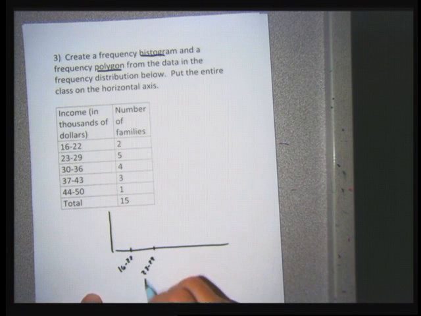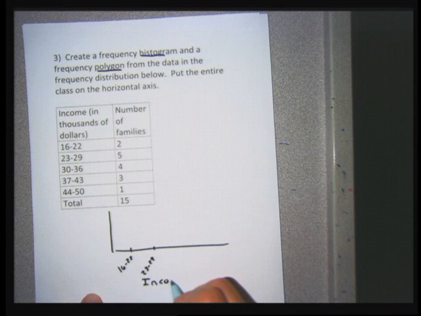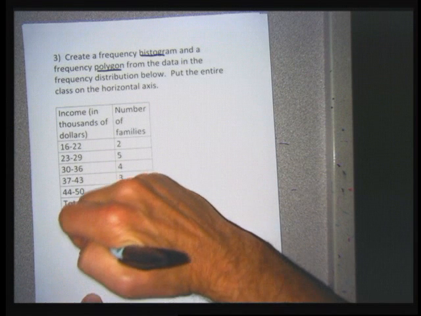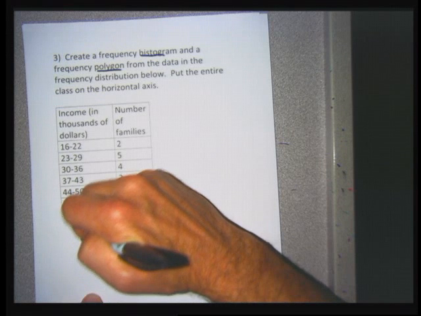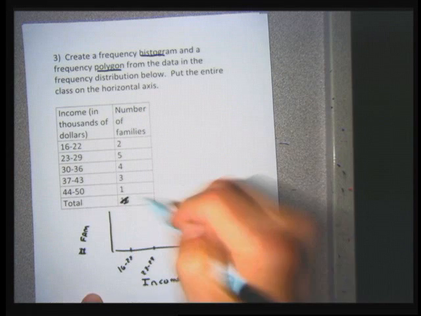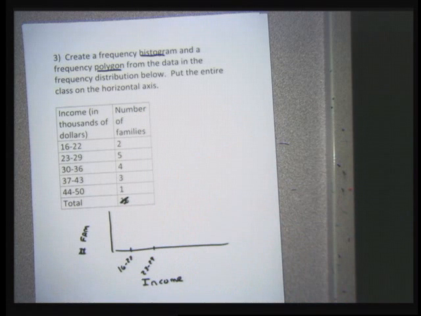Underneath this, I'd write income, because that's what the x-axis is titled. And then on the y-axis, I'd write number of families. On the y-axis, you can increment by 1. You're not showing the total, and you only have to go 1, 2, 3, 4, 5. So that's really friendly data to plot.